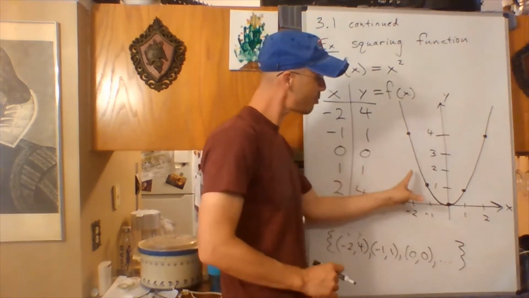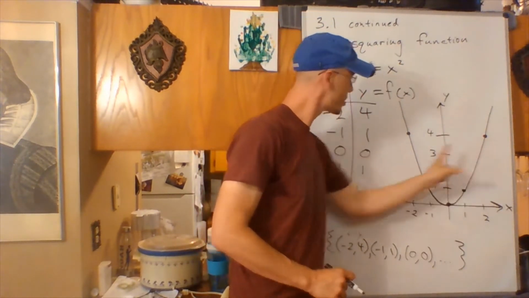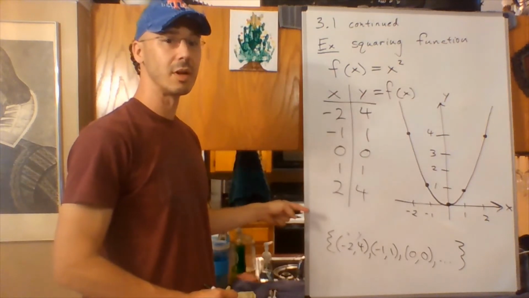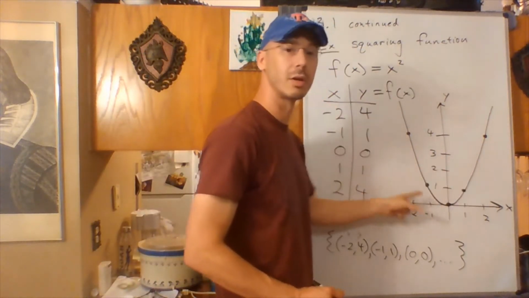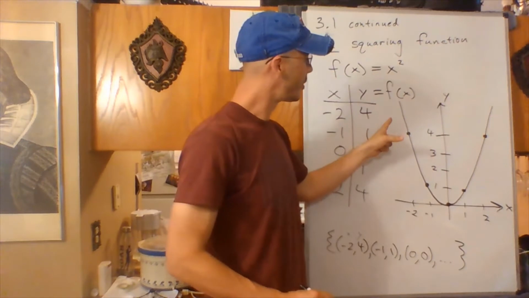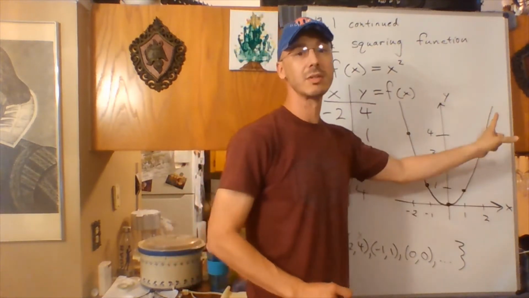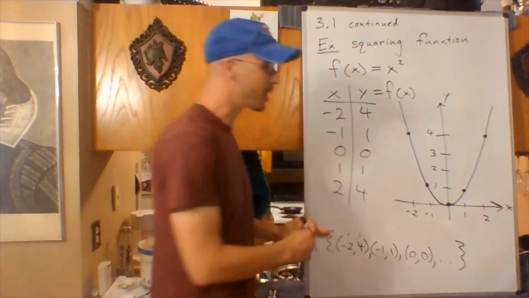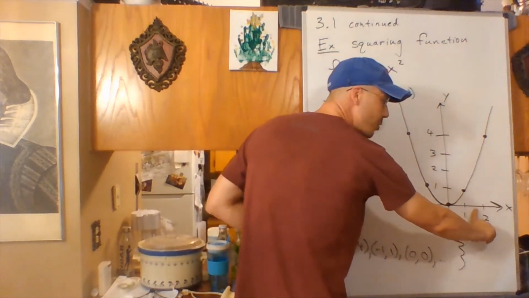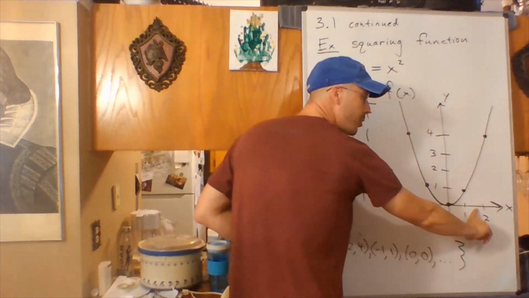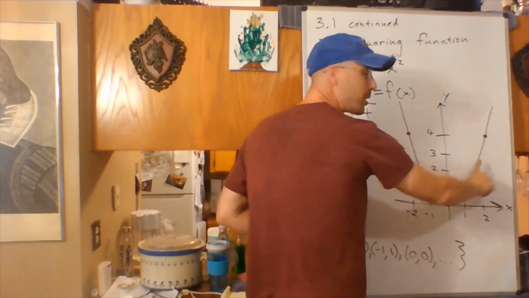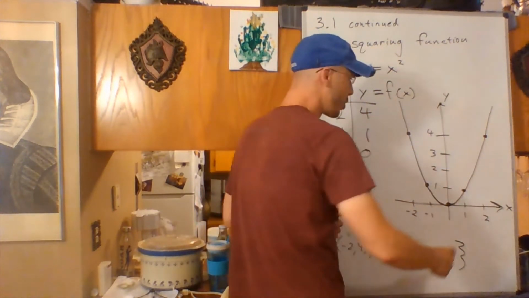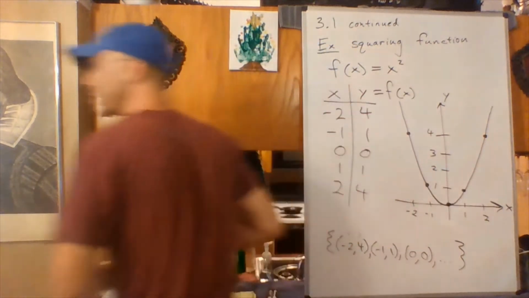Also, you can see there's a lot more points here than just those 5. I have a large picture of a lot of different points that satisfy this equation. For example, I could get x equals 1.5, and square that. It's 2.25 or something.